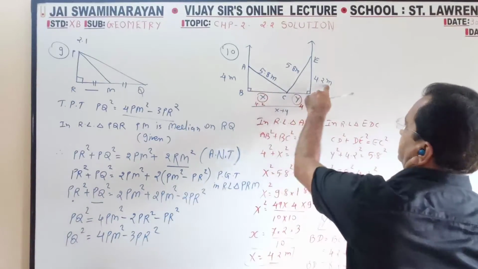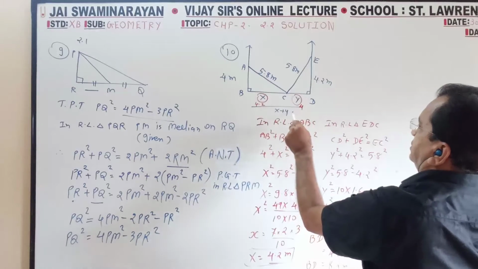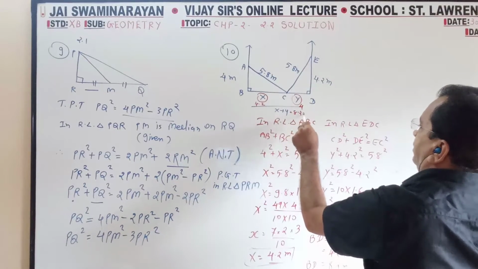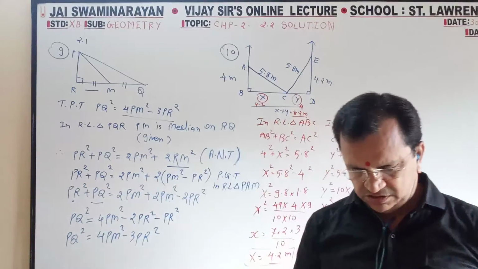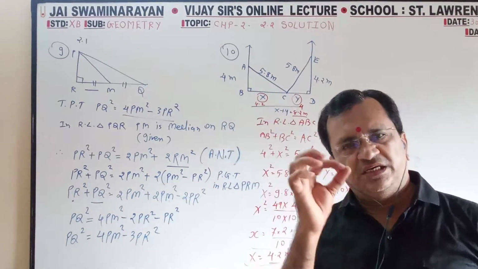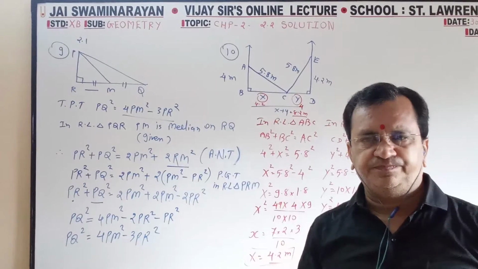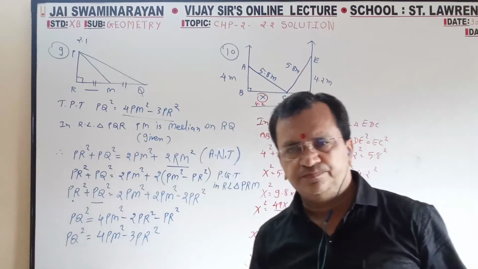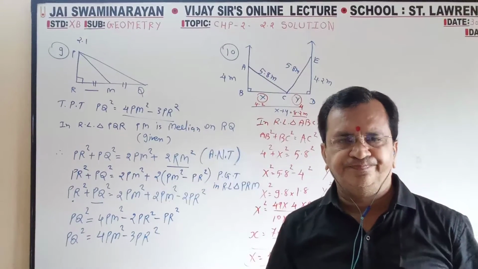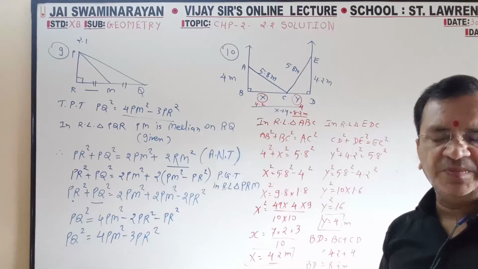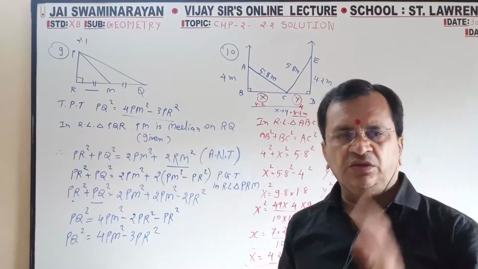This will come here, this will come here, and the total is 8.2. So the width of the road, that is BD, is equal to 4.2 plus 4, it is 8.2 meter.